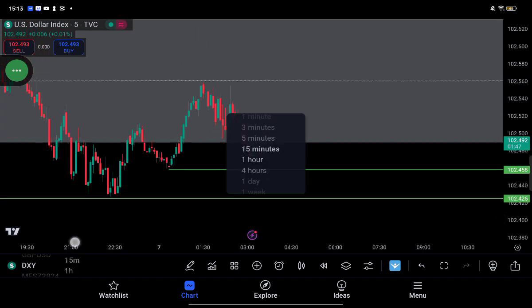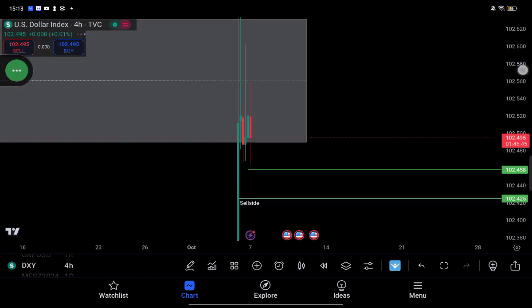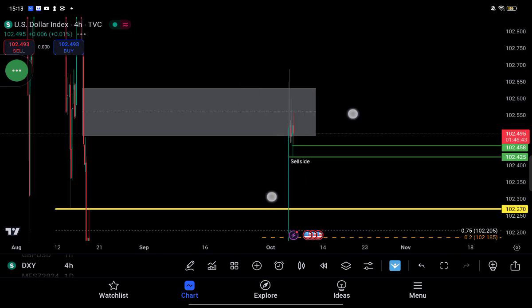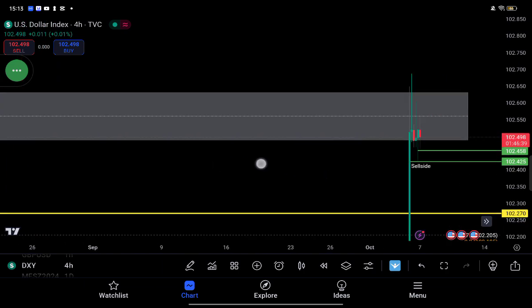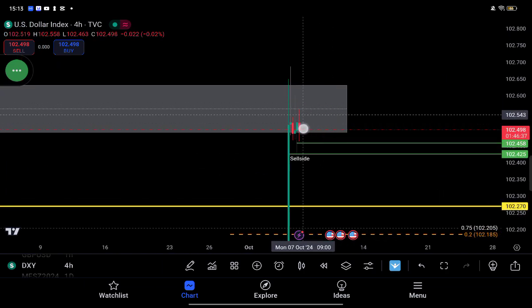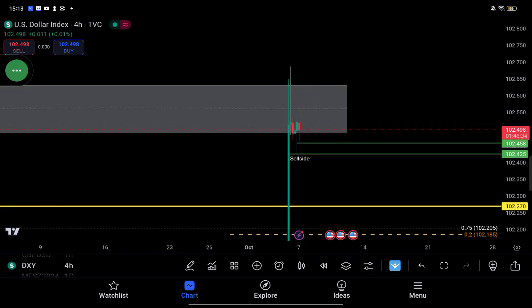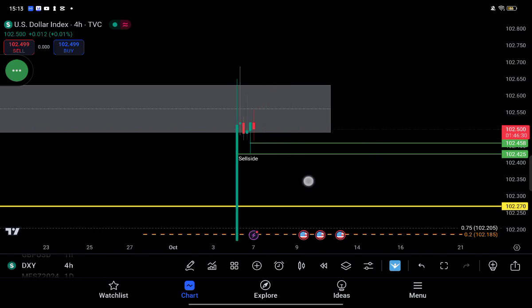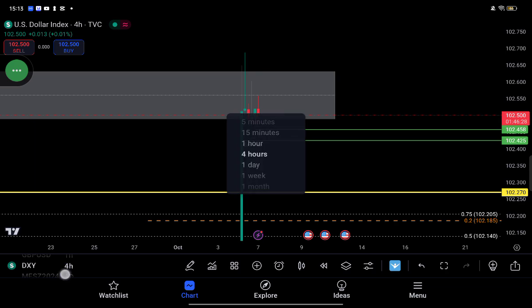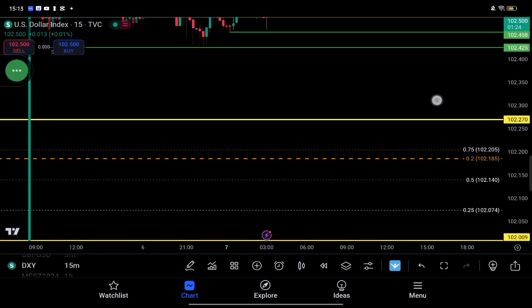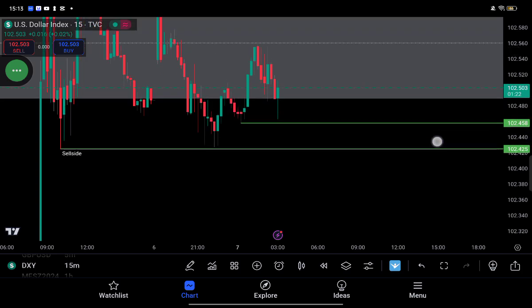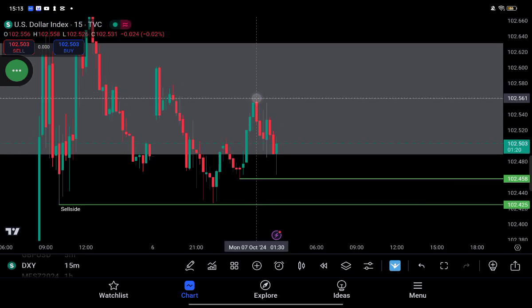So this white box is this 4-hour CB that we're in. So we are holding at the 4-hour CB. And it might want to go up and clear buy side here because here we got tons of buy side.